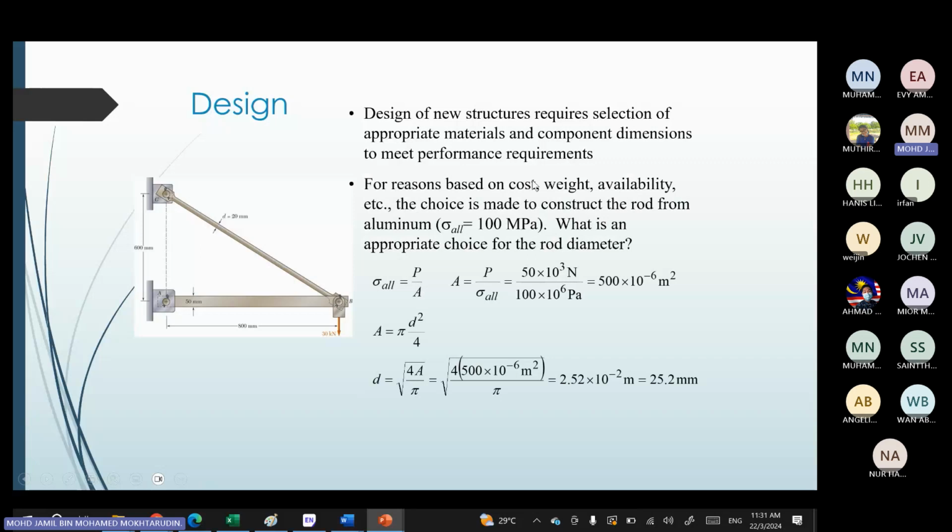So for reasons based on cost, weight, availability and so on, you choose to use a rod made from aluminium. Aluminium has only 100 megapascal.